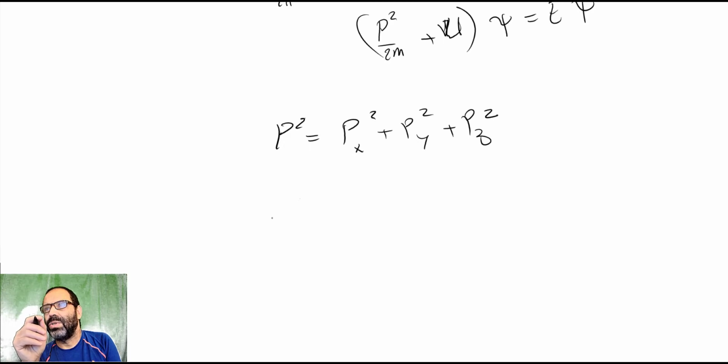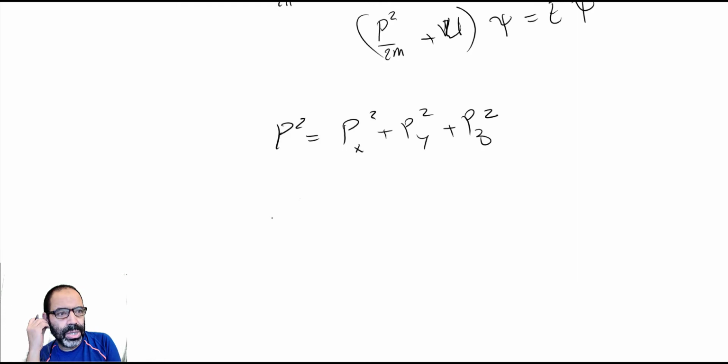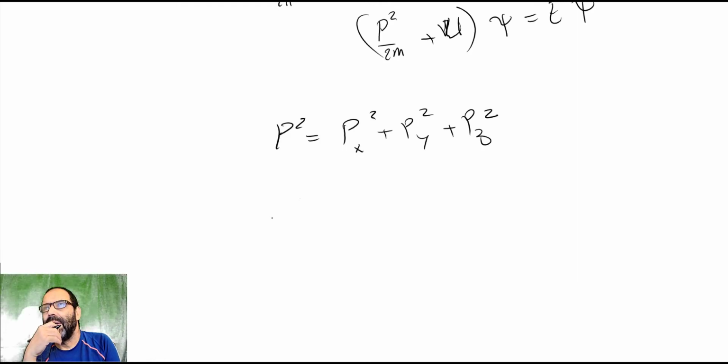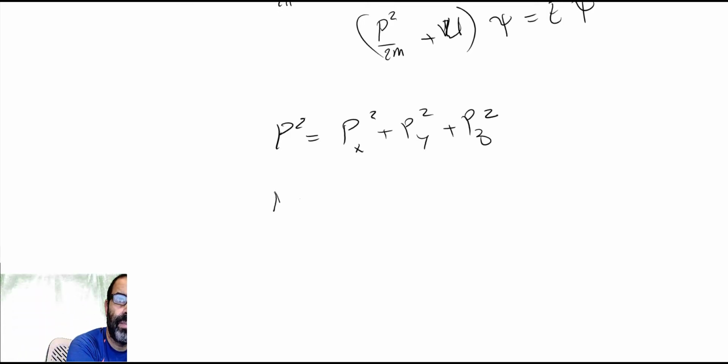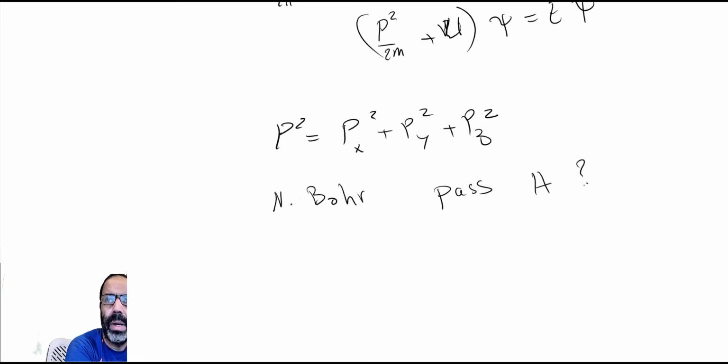It works beautifully for the hydrogen atom, but there is no easy way for those stationary states that Mr. Bohr came up with to account for the observed data for atoms other than hydrogen. So there is a failure of his model past hydrogen. Okay, so that was a problem.